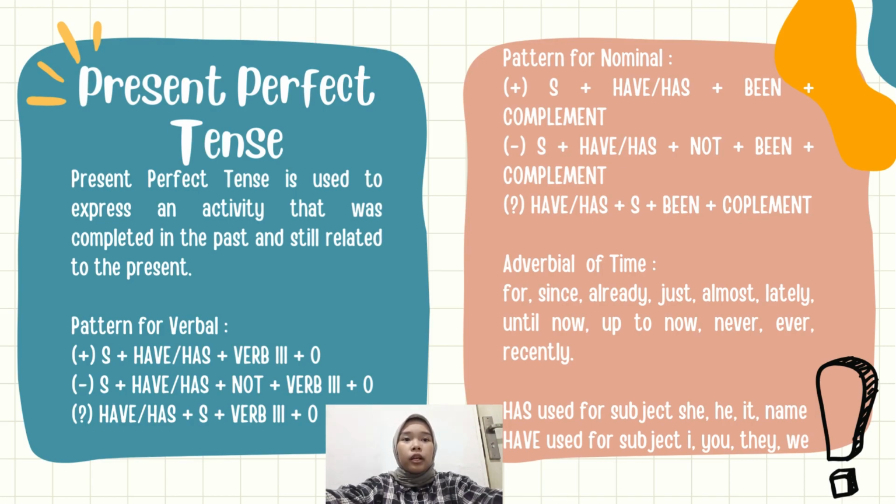And then the adverbial of time that we use is for, since, already, just, almost, lately, until now, up to now, never, ever, and recently. But you guys have to remember, has is used for subject she, he, it, and name. But have, we can use it for subject I, you, they, and we.